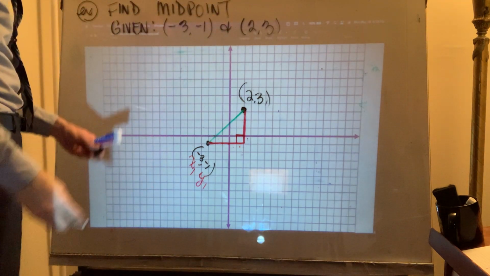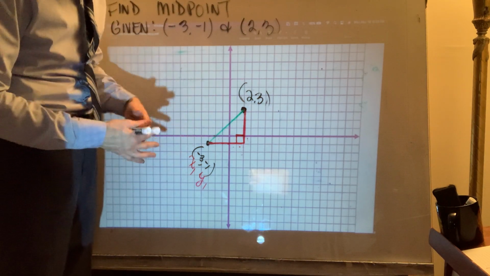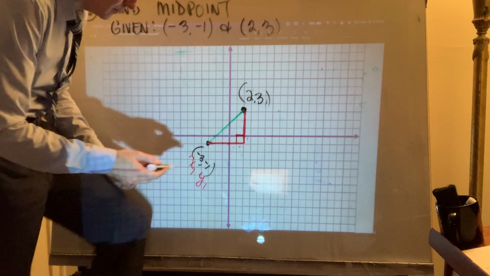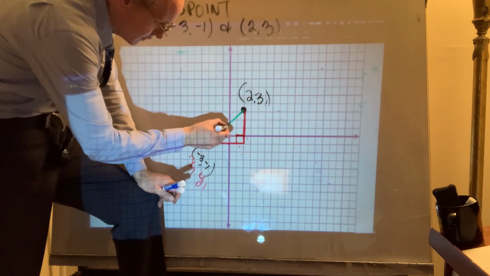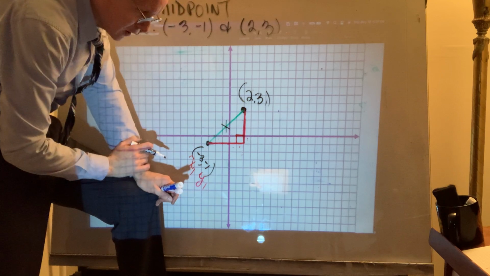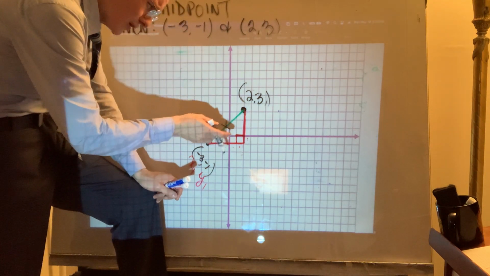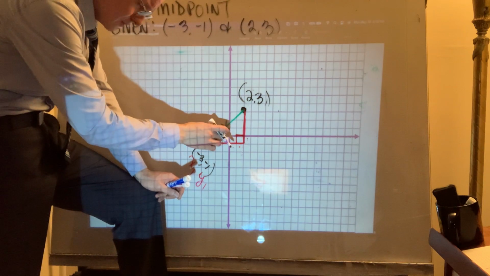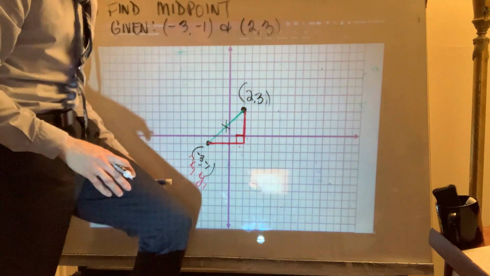Okay, the midpoint you could kind of guess is somewhere in here. So if it would be halfway along this green line, you have to figure that it would be somewhere around there, right? What is the exact figure of the x-coordinate and the y-coordinate? I wouldn't really guess, all right? I'd rather use a formula to get it exactly. Right?